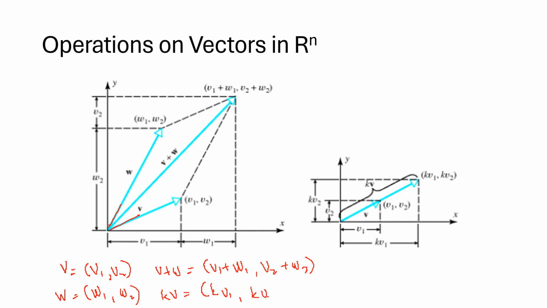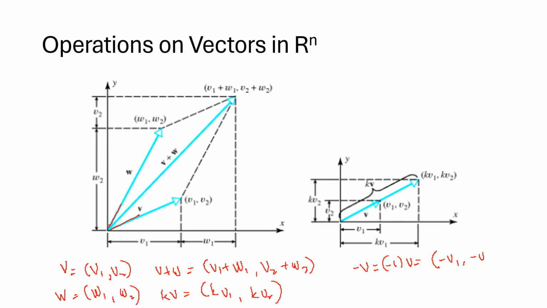In particular, we could have the negative v. Negative v is equal to negative 1 times v, which is equal to (negative v1, negative v2).